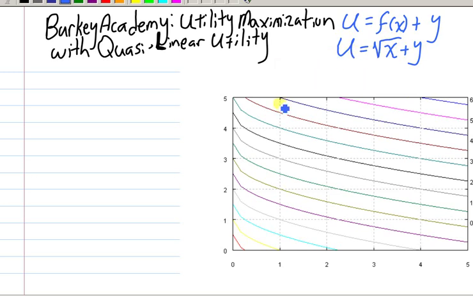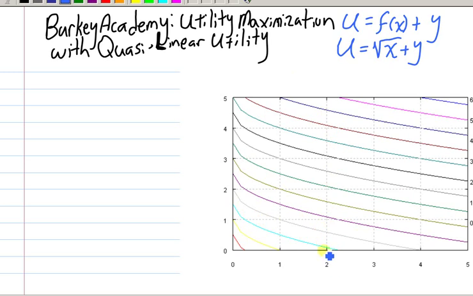Now, why do we call it quasi-linear? Well, because if you look down here at this graph of this utility function, what's going on is that these indifference curves are parallel to each other.